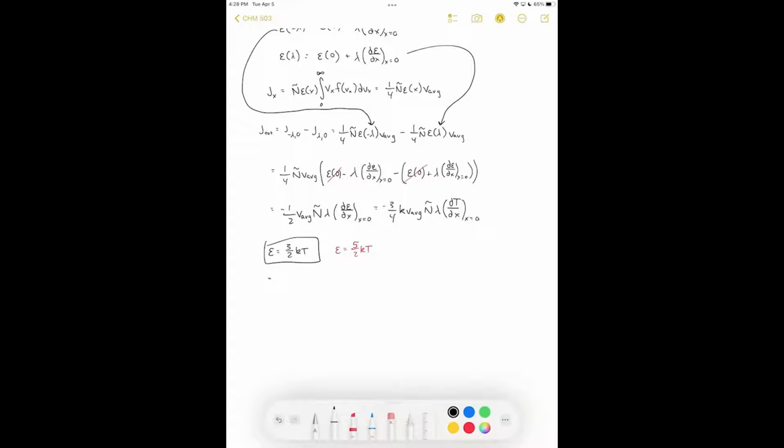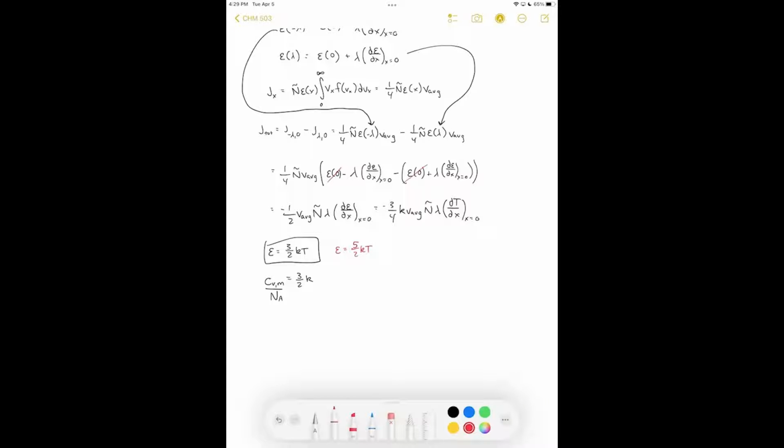For a monatomic gas, the molar heat capacity was simply equal to 3/2 R. If we divide this to get it into individual molecule units, if we divide this by Avogadro's number, that turns our R into a k. So the molar heat capacity for an ideal monatomic gas divided by Avogadro's number is 3/2 k.